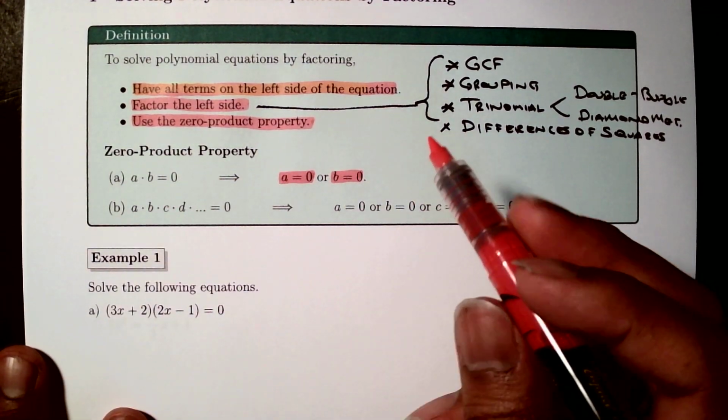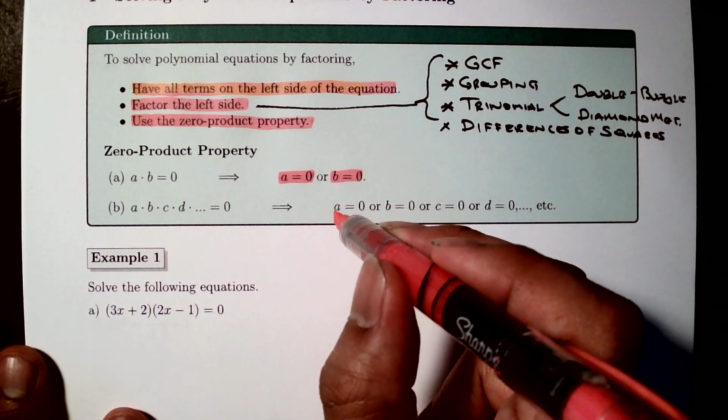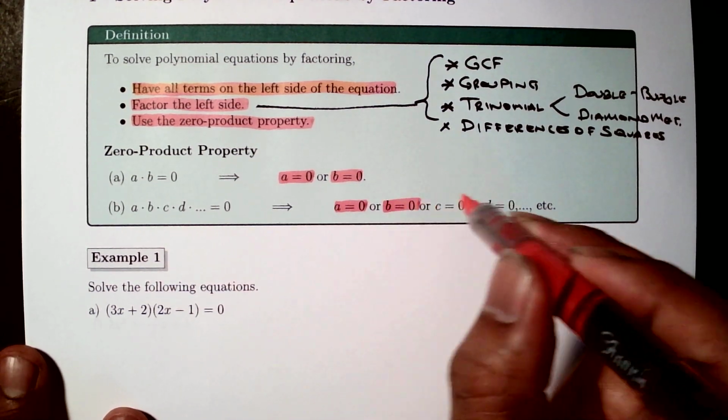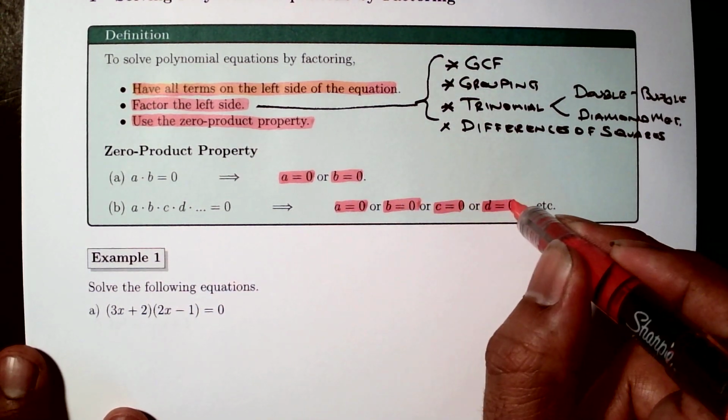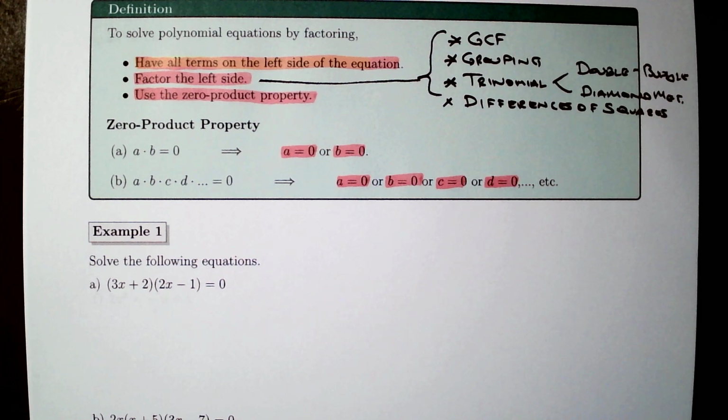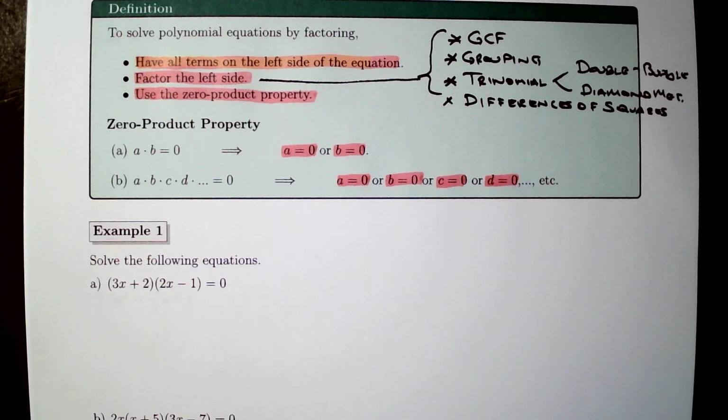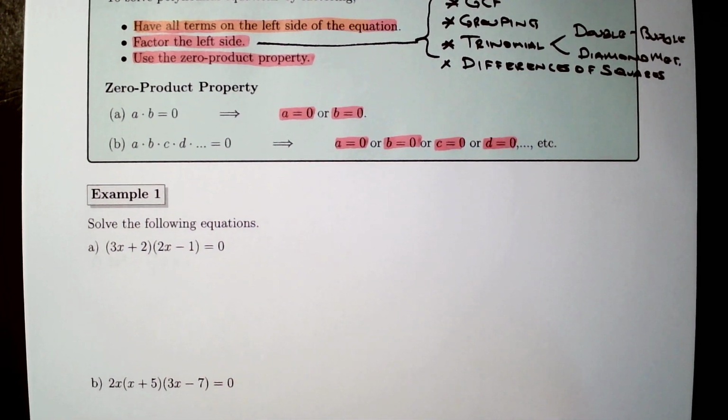We can also extend this to many multiple cases in which we can set equal to 0, not just 2. But if this symbol throws you off for a bit, this is what we can do.